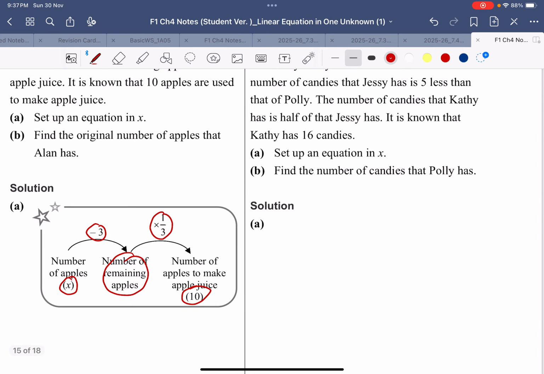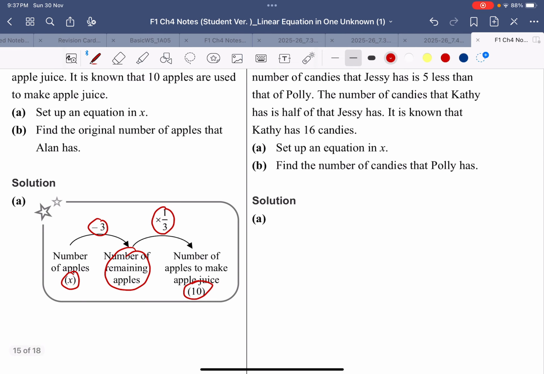You set up the equation in x. So according to this relationship, x minus 3, I use 1/3 of it, equals 10. So this is the equation.